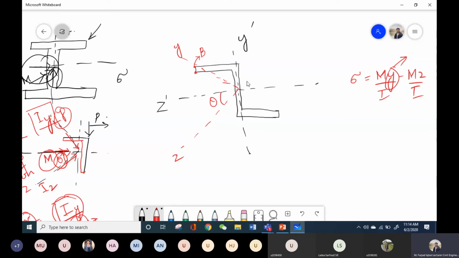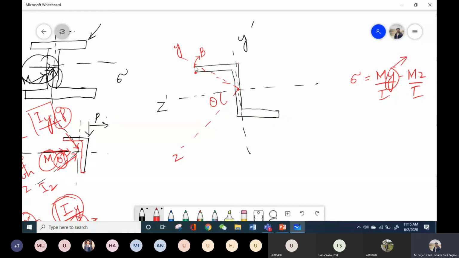For example, in the case of straight section, if this is my z-axis, this y distance for this B point is from the centroid to the top of the section on the straight axis, if my principal axes are horizontal or vertical. But in this inclined case, my principal axes are obviously not horizontal or vertical, but they are in the inclined direction. So my y distance or this z distance will also be an inclined distance.